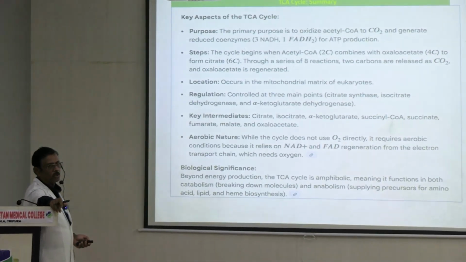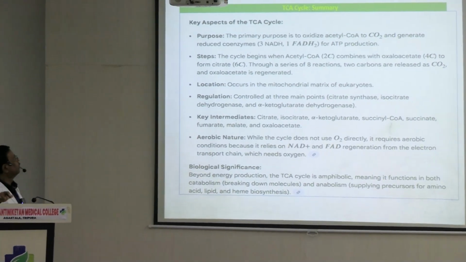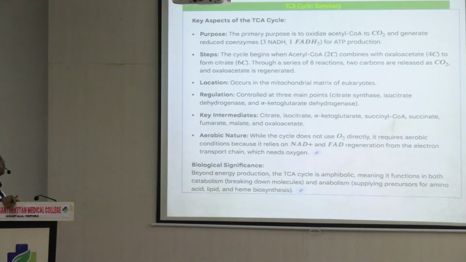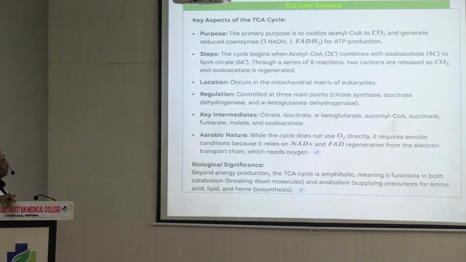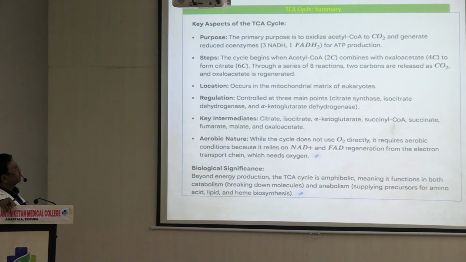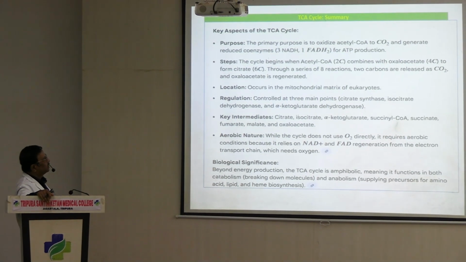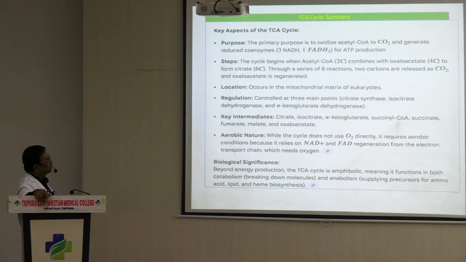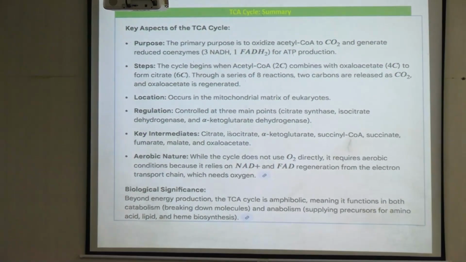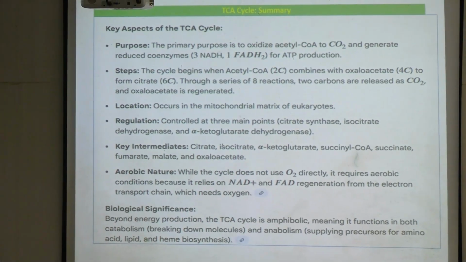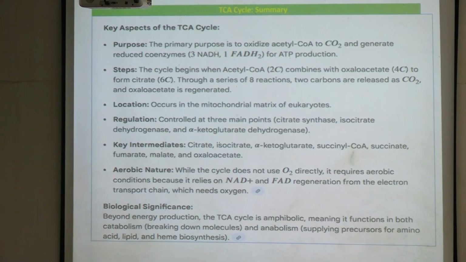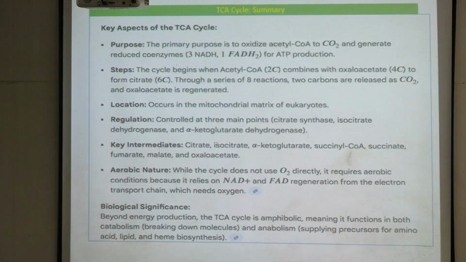If you read today, you will remember. These are the key points of the TCA cycle. Primary purpose is to oxidize acetyl-CoA to carbon dioxide and generate reduced coenzymes NADH, FADH2, and ATP. Steps: the cycle begins with acetyl-CoA combining with oxaloacetate to form citrate. Through a series of 8 reactions, 2 carbons are released as carbon dioxide and oxaloacetate is regenerated.